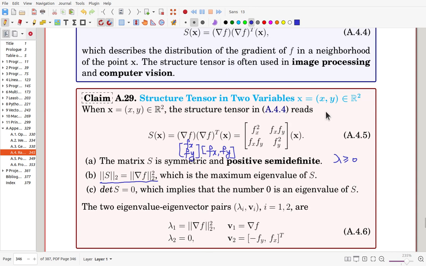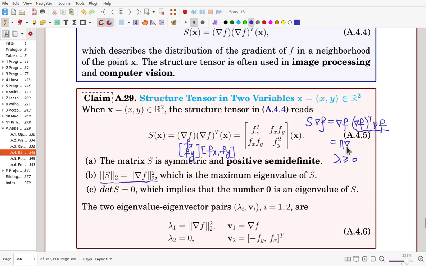Okay, let's check that, S times the gradient of f. Start with this one. S itself is the gradient of f times the gradient of f transpose, and we multiply by the gradient of f. Then this portion is the same as the gradient of f norm squared, right?